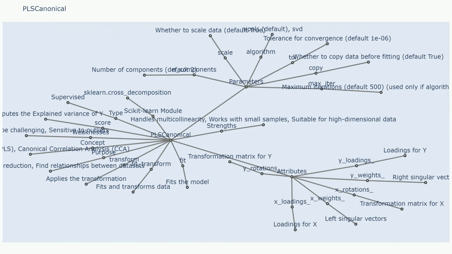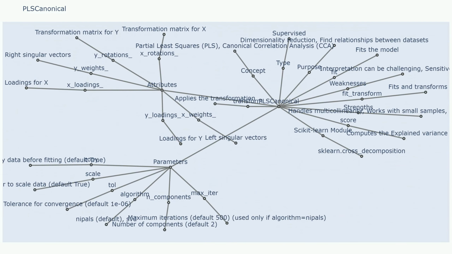4. Applications in machine learning and data science. Predictive modeling: PLSCanonical can be used for predicting one variable from another, even when they are both high-dimensional and correlated. Feature extraction: it can extract meaningful features from complex datasets by identifying the most informative relationships between variables. Data integration: it helps integrate data from different sources by finding common underlying patterns.